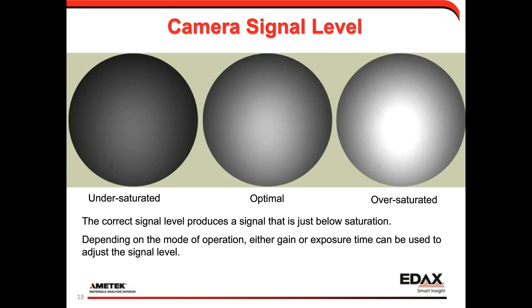Your goal, essentially, when we're doing this, is to have what we call a 0.85 saturation index. The saturation index is listed underneath your camera, and you can see it changes as you change your camera settings. So I can start using my gain and my exposure to get these to the level that I need. The reason we choose 0.85 is that different parts of your sample are going to have different diffraction intensities or strengths.